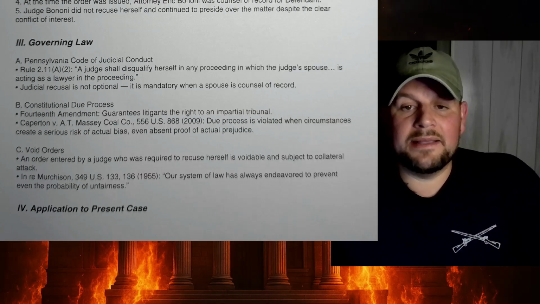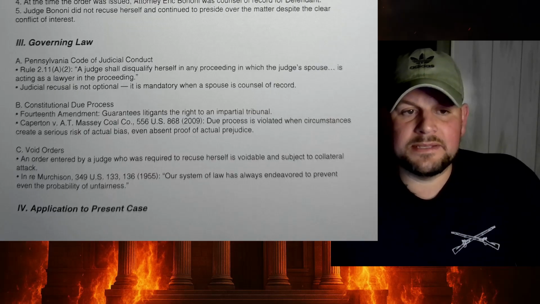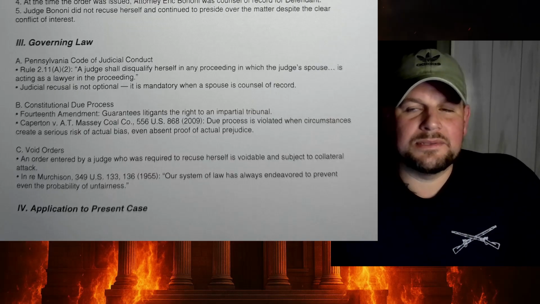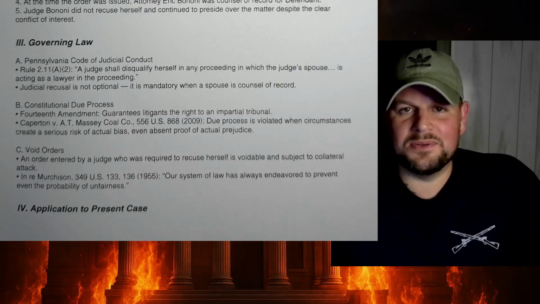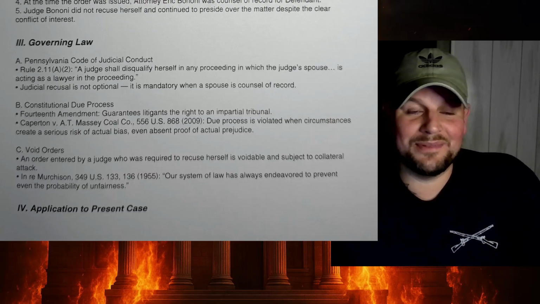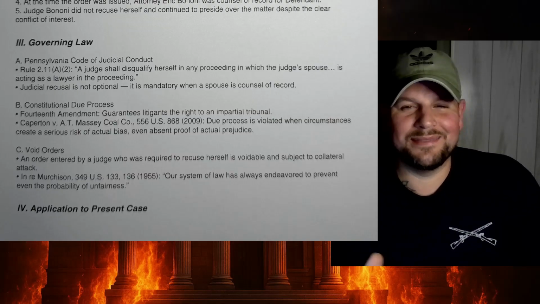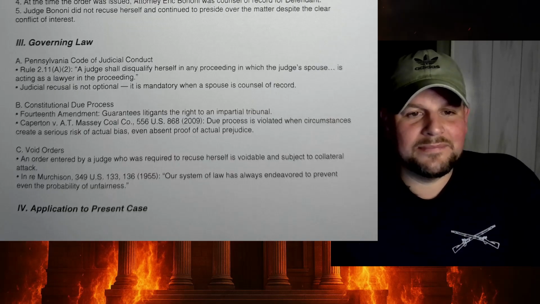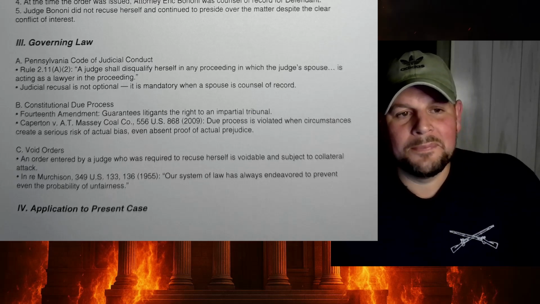Due process is violated when circumstances create a serious risk of actual bias, even absent proof of actual prejudice. So what that means is it doesn't look good on them. It just doesn't look good on a husband and a wife on opposing sides. You know what I mean? It's no good. It's bullshit, to be honest with you.